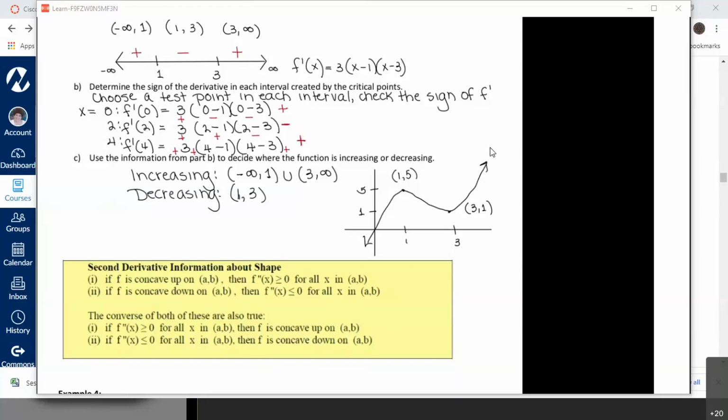If I just had the critical points 1, 5, and 3, 1, you might say, well, I know 5 is bigger than 1, so that has to be a relative maximum. Yeah, in general, that would be the case. But the derivative gives you the extra proof that you're increasing up to this, decreasing away from it. Decreasing down to this one and increasing away from it.